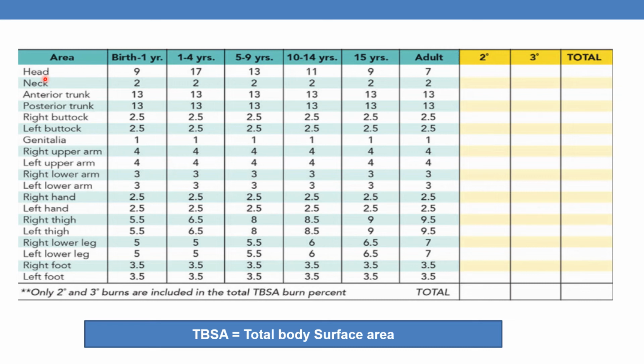And the surface area of the head is 7% in an adult. So the percentages vary and they must be calculated using this table. Only second and third degree burns are included in the total body surface area burnt percent. First degree burns are not included; only second and third degree burns are included in the calculation of TBSA percent.